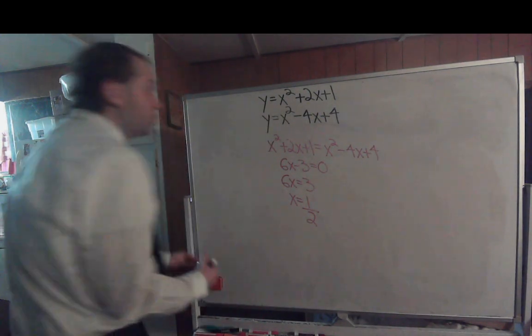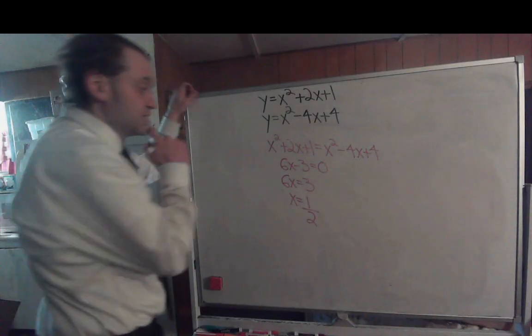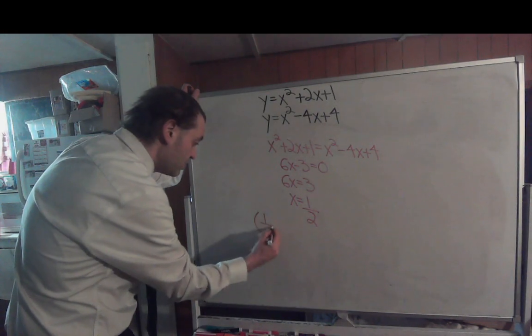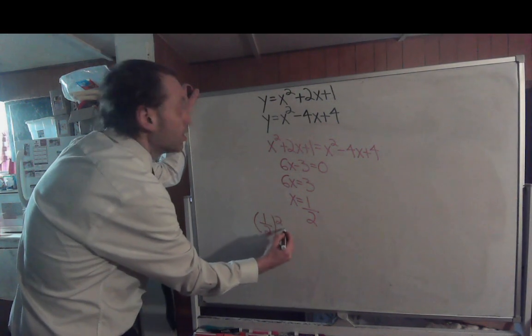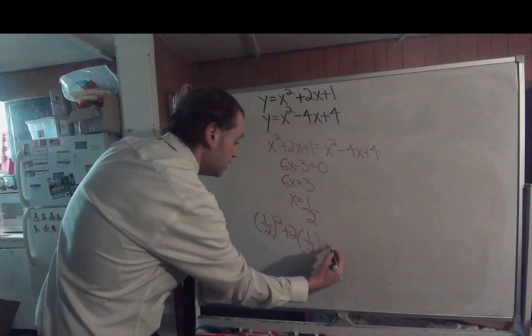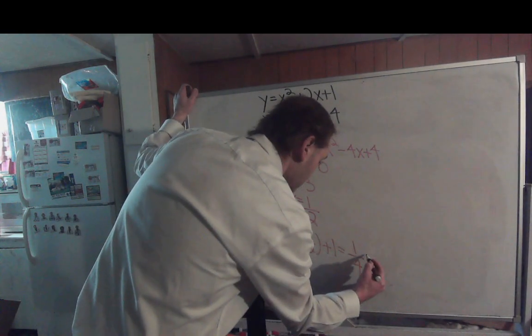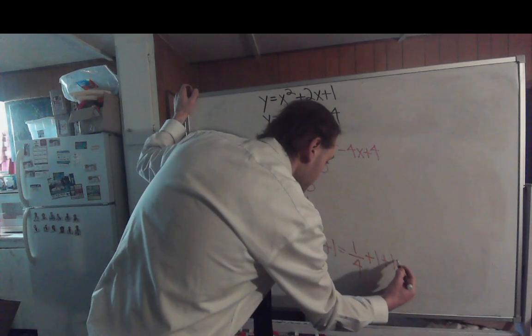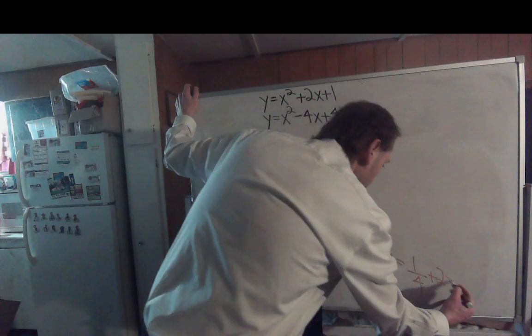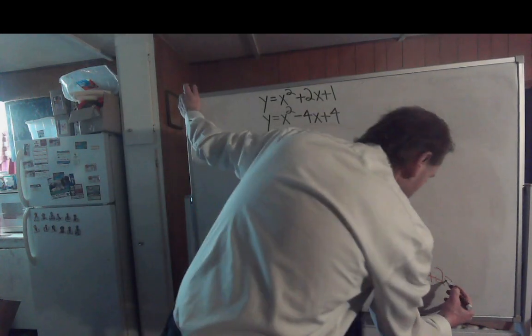Nonetheless, though, let's put in 1/2 into one of these equations here. I'll do it with the top one. So if I take 1/2, raise that to the second power, plus 2 times 1/2 plus 1, that's going to give me 1/2 to the second is 1/4, plus 2 times 1/2 is 1, so 1/4 plus 1 plus 1 would give me 1/4 plus 2, which would end up giving me 9/4.